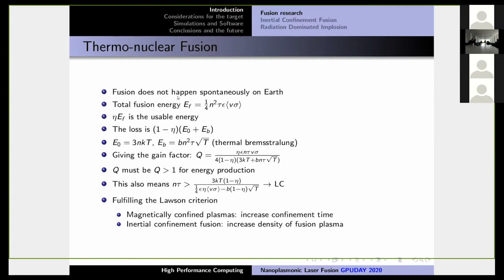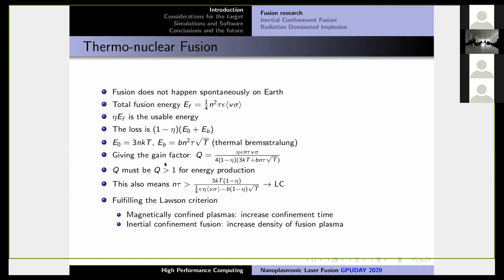So thermonuclear fusion does not happen spontaneously on Earth. If we know the total energy and the usable energy, and the losses, we can capture it, and to have very clean and affordable energy in the future for energy production, we must calculate this gain factor.